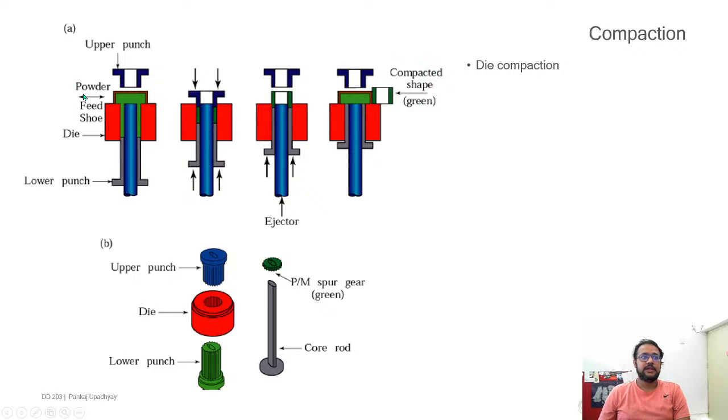So you can imagine this as a 1, 2, 3, 4 step automated process, where powder is taken from one end and pushed to the right location. This dark red cap that you see is removed.